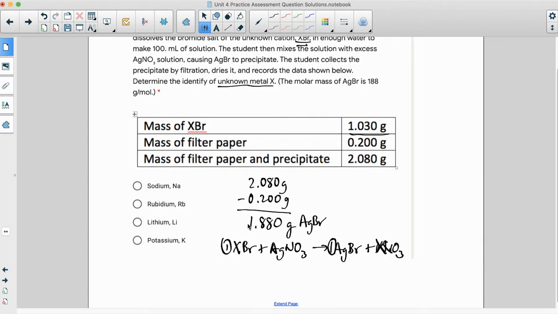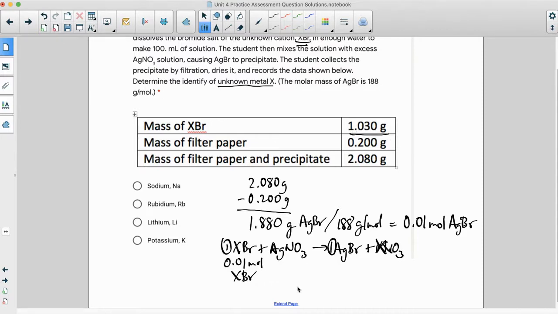So I can take my 1.88 grams of AgBr, divide by the molar mass, which is given to us. And that will give us 0.01 moles of AgBr. That means we also have 0.01 moles of XBr.